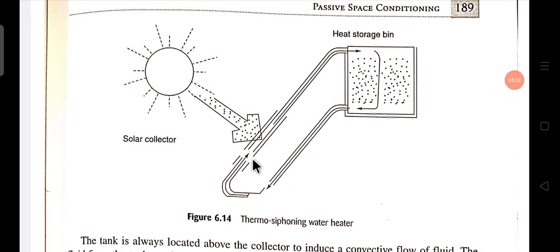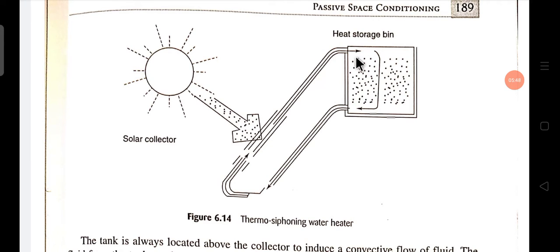So the difference of density: here cold water is more dense, and hot water is less dense.